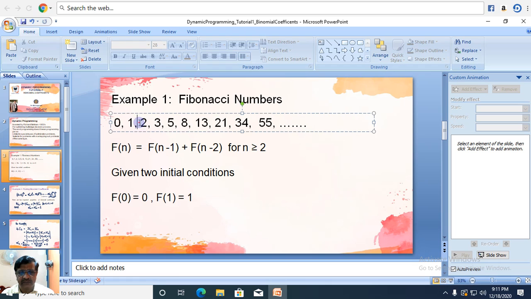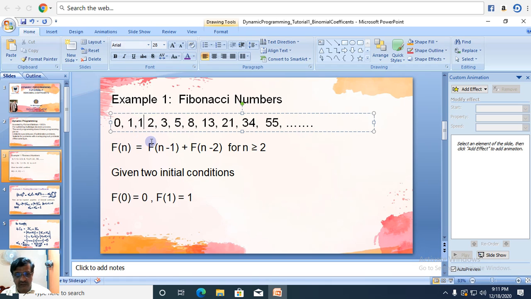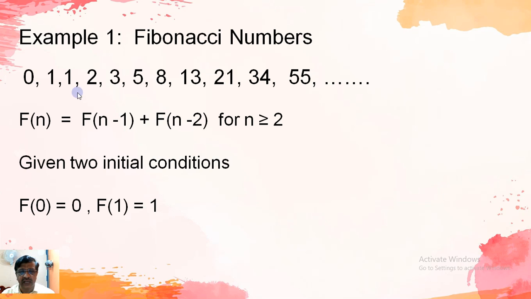Exactly speaking, this should also be 1. So 0 plus 1 is 1, 1 plus 1 is 2, 2 plus 1 is 3, and 2 plus 3 is an overlapping solution for the term number up to 5, it is 3. Then if you want to increase the term numbers, you have to add these overlapping solutions.